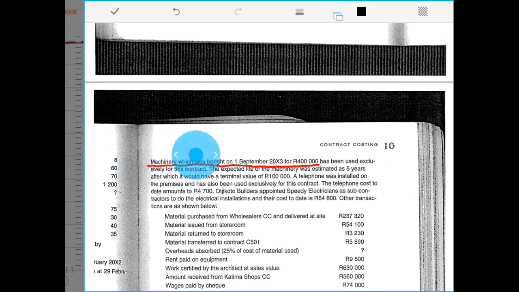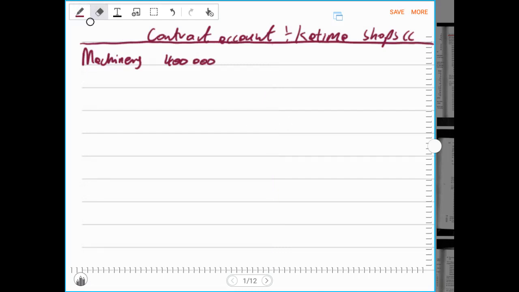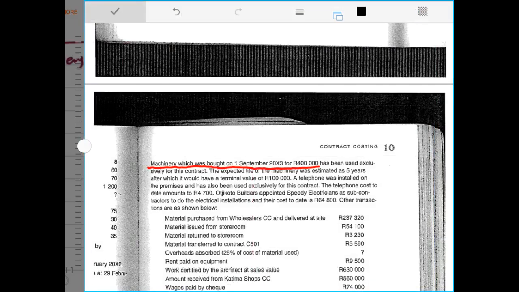So now let us record that machinery on the debit side and we say machinery. So now we record all the expenses that are incurred for the contract, and the machine was valued at 400,000 rands.